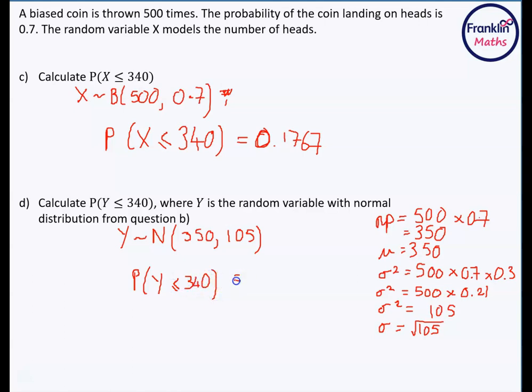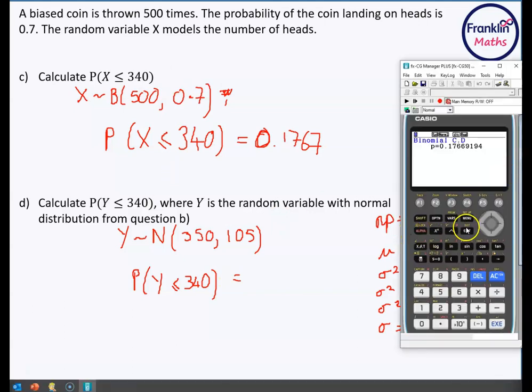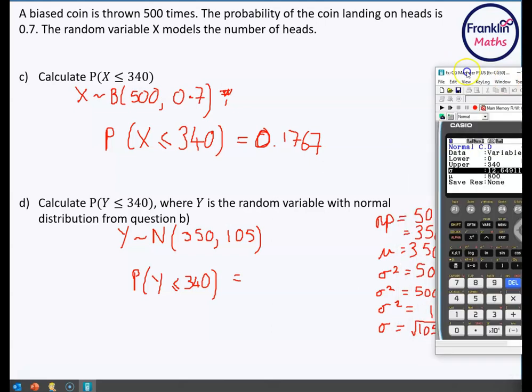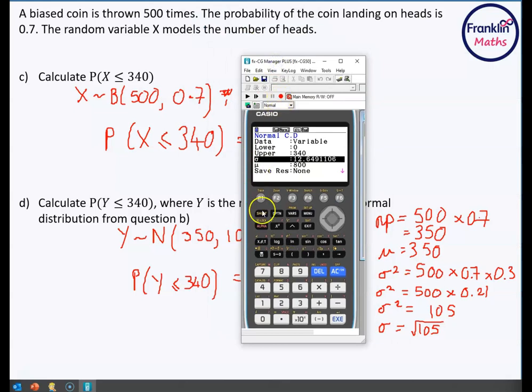Let's grab the calculator and see what's going on. So exit from there, exit, distribution, normal. Again, it's another cumulative one. Still got these nice numbers in, which is quite good. So my sigma here is root 105.